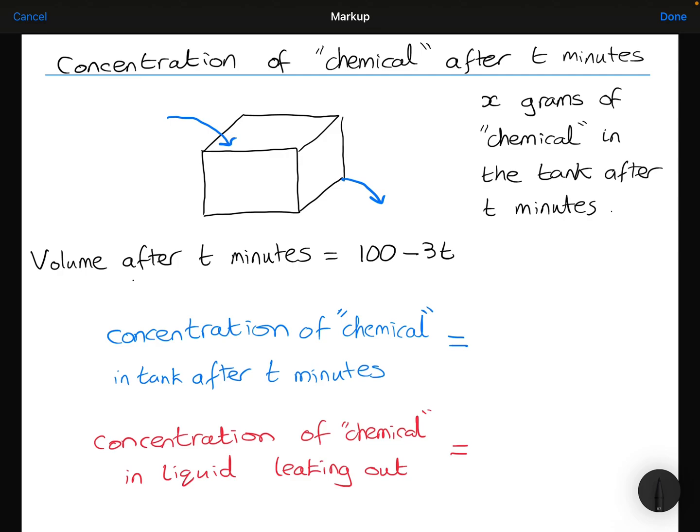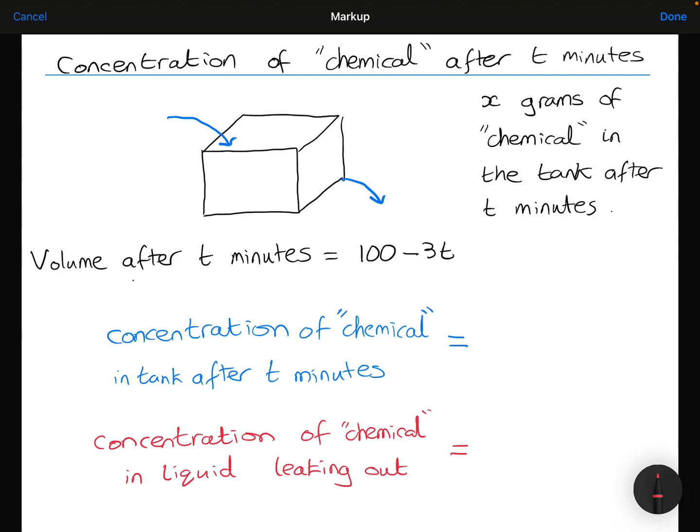We now want to get an expression for the concentration of the chemical or the salt, or like I say, whatever it is that's inside this liquid or gas. So we saw a minute ago that the volume of the liquid inside this tank is 100 minus 3t.